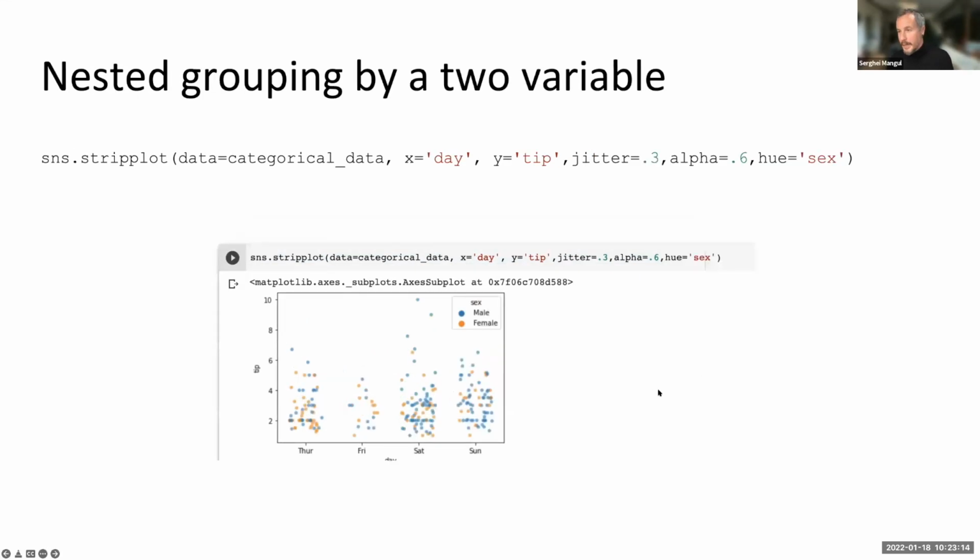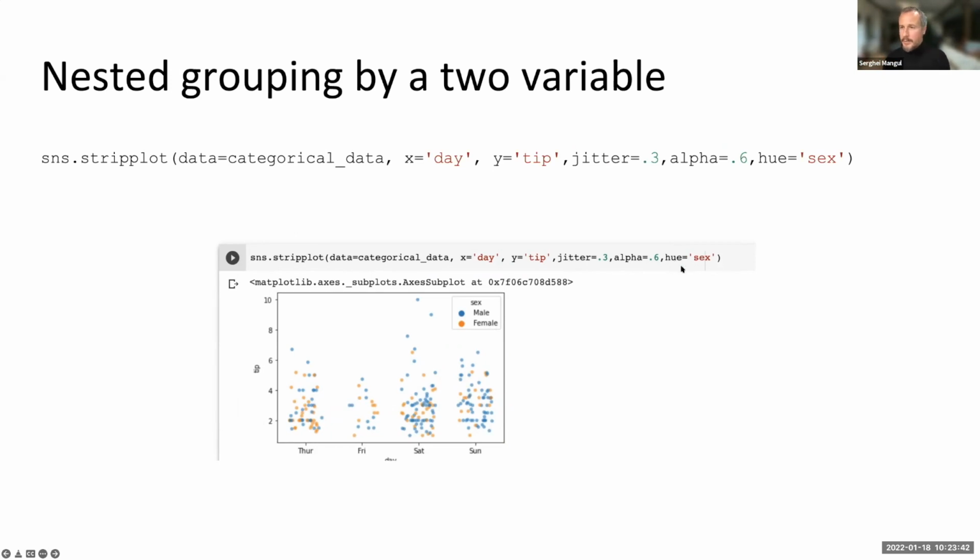Now, how about we combine everything we know so far? How about we combine the strip plot, categories, and then transparency, right? So we present this in an interesting way, males versus females, but we really want to see the points, so we make them transparent, alpha equal to 0.6. We keep the jitter to see them.